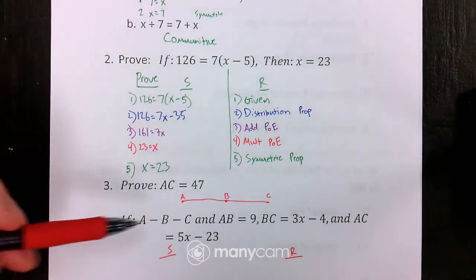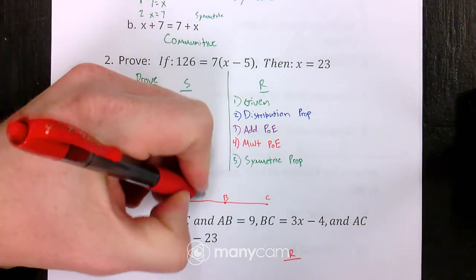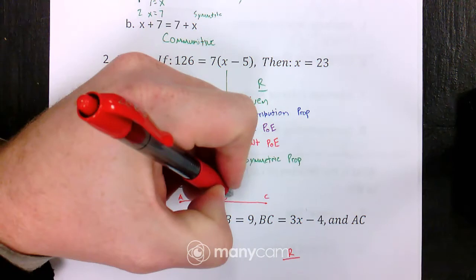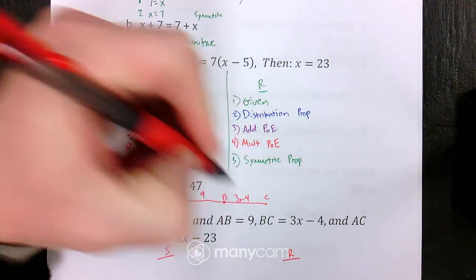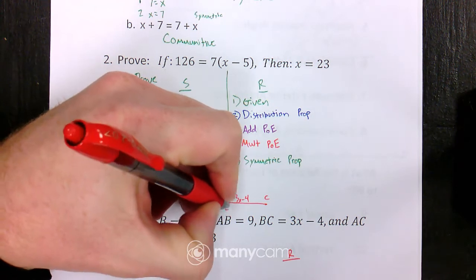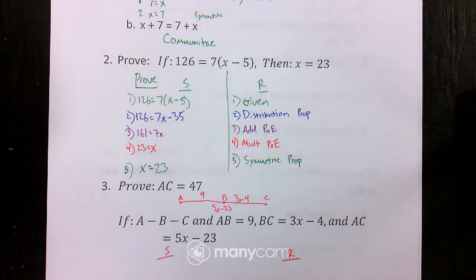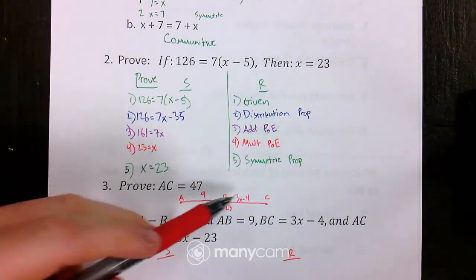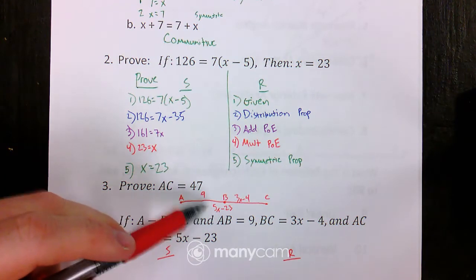Just saying there's some line and B is in between them. AB equals 9, BC equals 3x minus 4, and the whole thing equals 5x minus 23. So I know what my equation is going to look like. It's going to look like this plus this equals this.